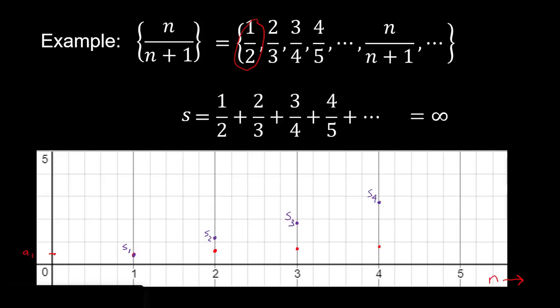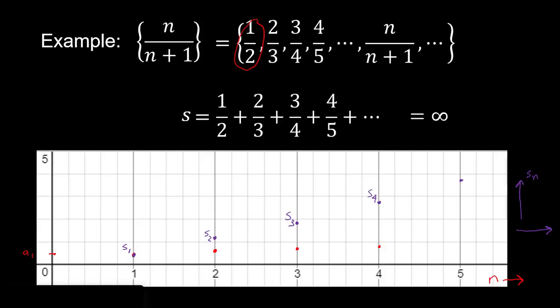So if you recall, our sequence here is sort of going to cap out at 1. But what that means is that we're going to keep adding 1 each time. So for s sub 5, we're going to add something close to 1. And so as we keep going further out in the n direction, we're going to get increasingly higher values of s sub n. We're just going to add 1 each time. So you can imagine if you keep adding 1 each time, it's going to increase without bound.